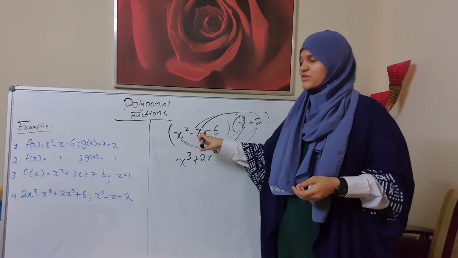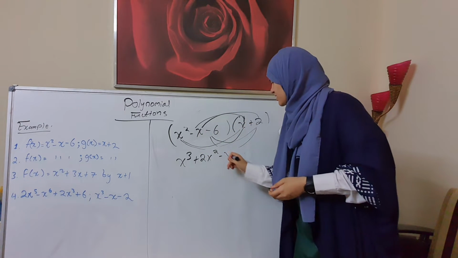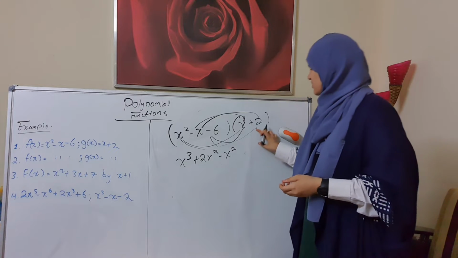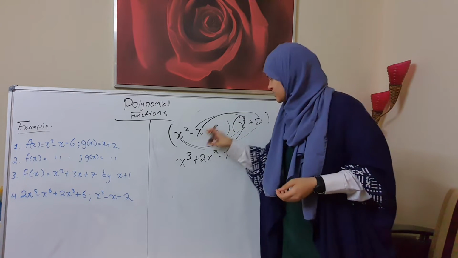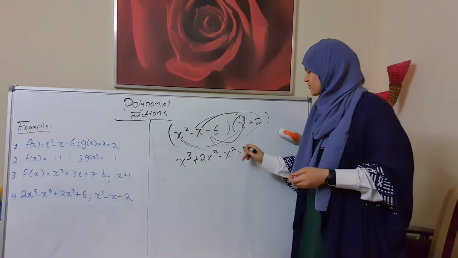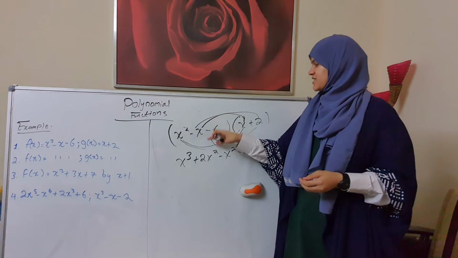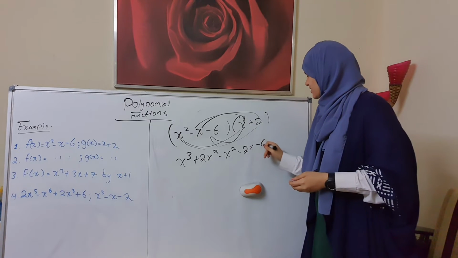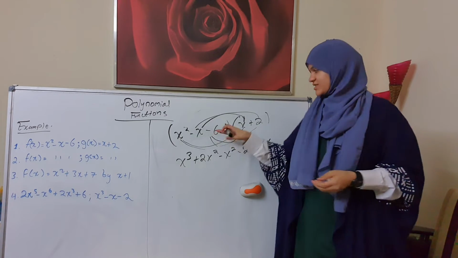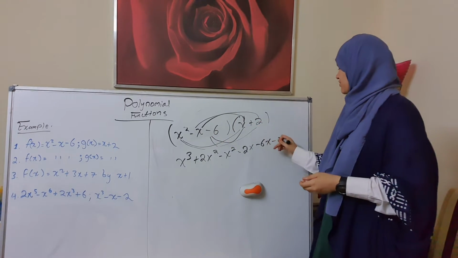Then negative x times x is negative x squared. Then negative x times positive 2 is negative 2x. Then negative 6 times x is negative 6x, and negative 6 times positive 2 is negative 12.